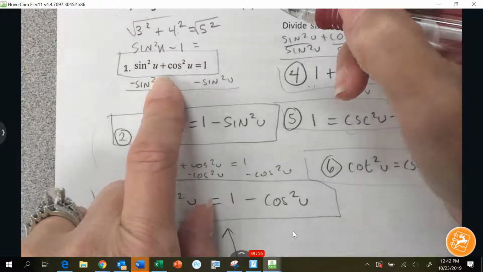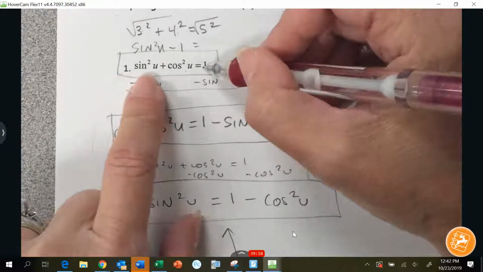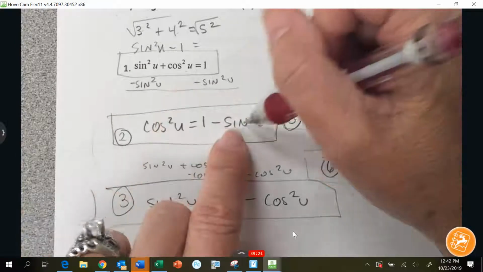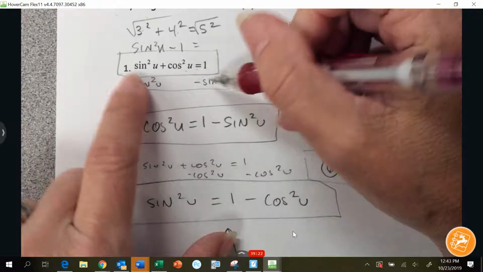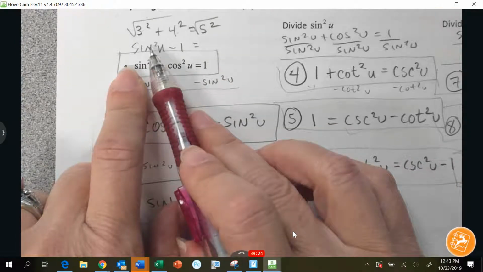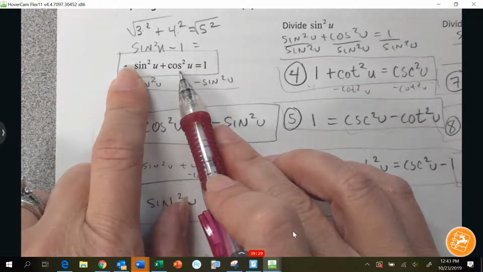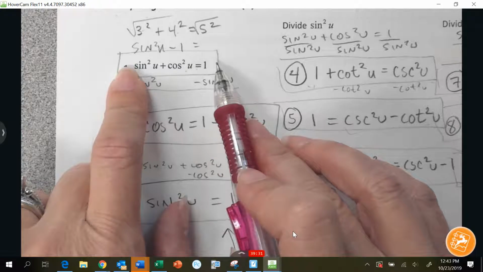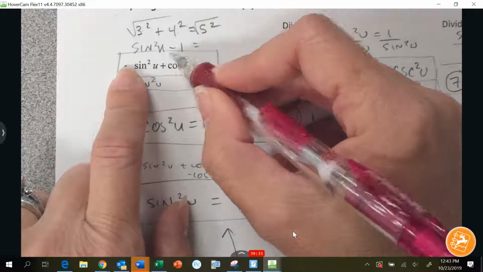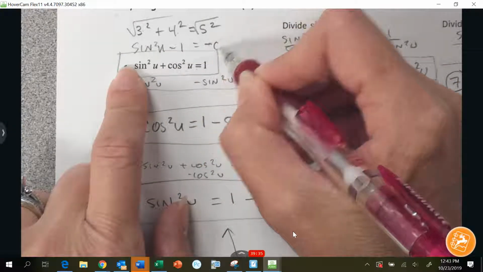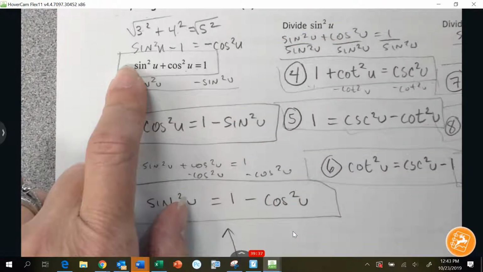Subtract the sine squared x from both sides. No, that's going to make it this one. How can I keep the sine squared x here? If I subtract the 1 and I subtract the cosine to the other side, that's going to give us sine squared u minus 1 equals negative cosine squared u.